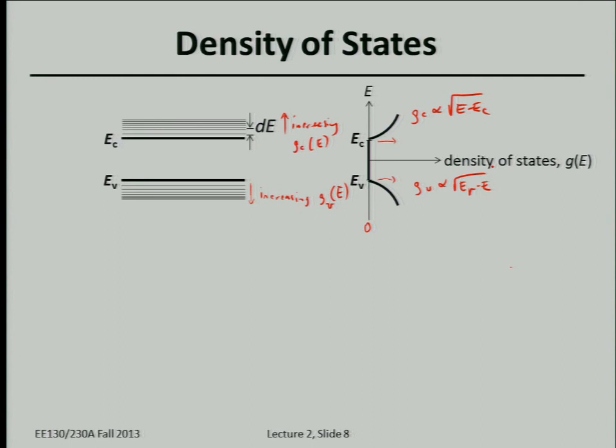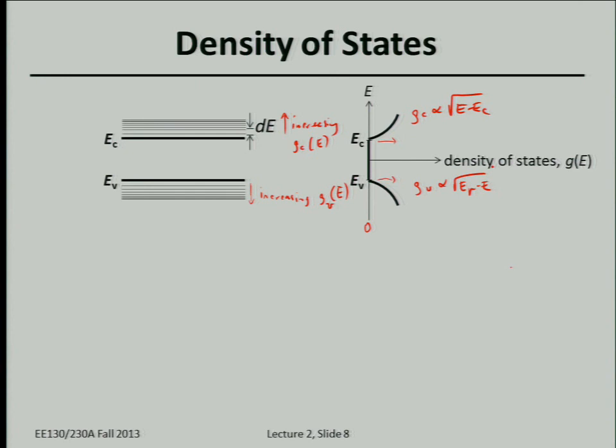Right, so as E goes more and more below E sub V, you have more and more density of states. An analogy is the Memorial Stadium, a football stadium, at different levels, far away. As you go farther and farther away from the field, higher and higher up, the number of seats within a certain range of level is increasing.